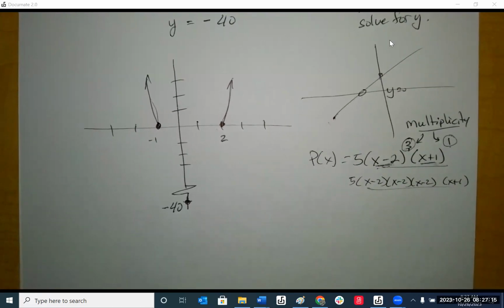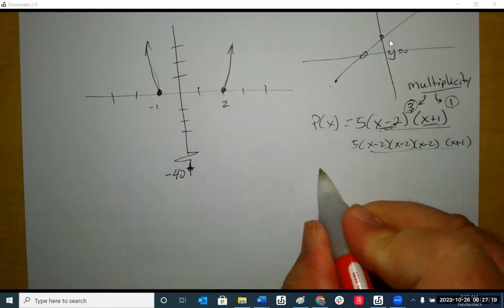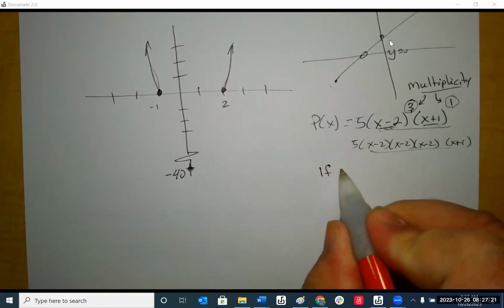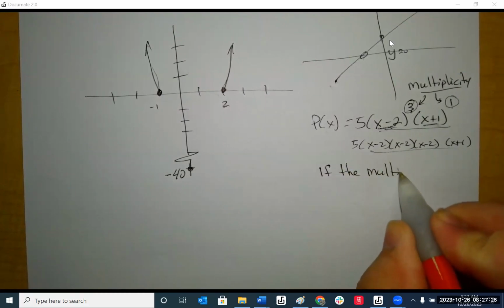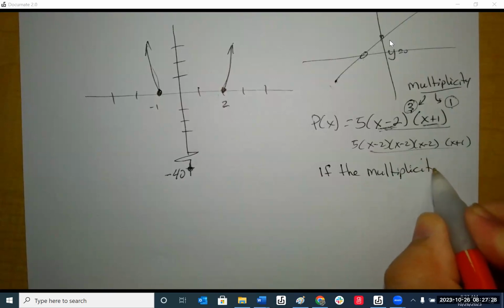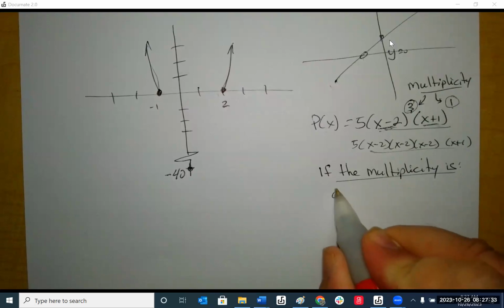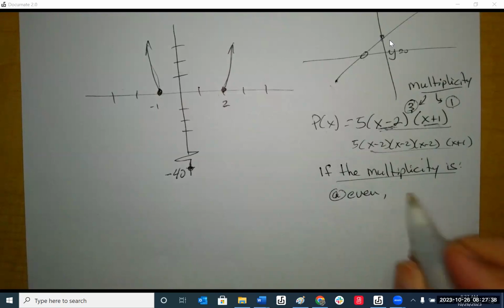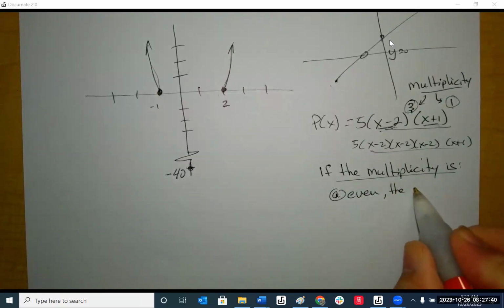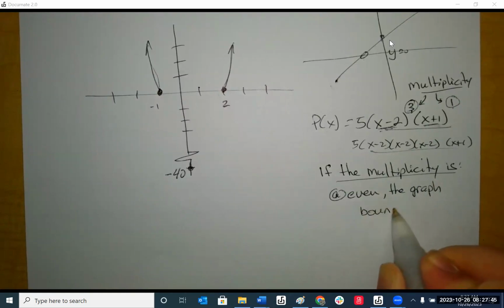But it also tells us something else. If the multiplicity is even, the graph bounces at that point.